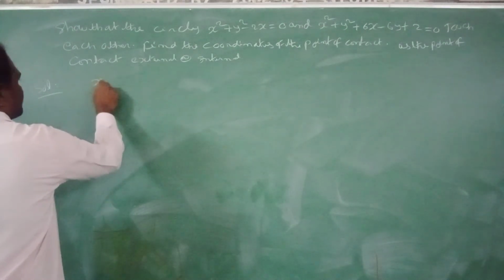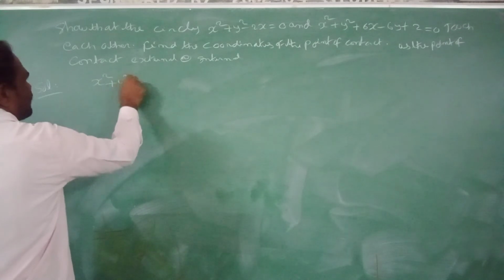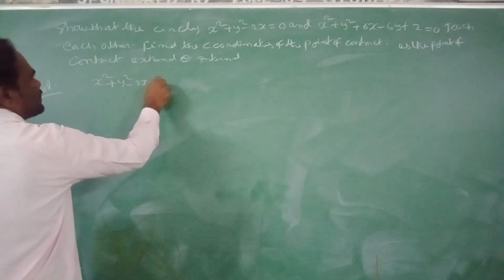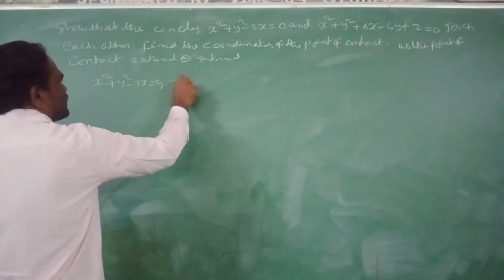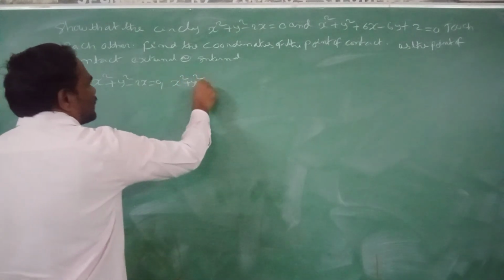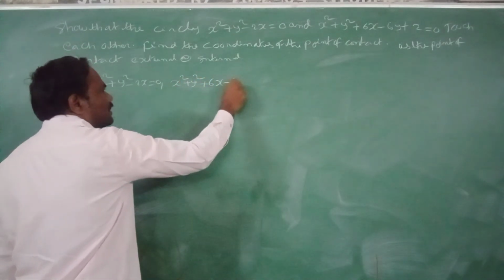First circle equation is x square plus y square minus 2x is equal to 0. Second circle equation is x square plus y square plus 6x minus 6y.